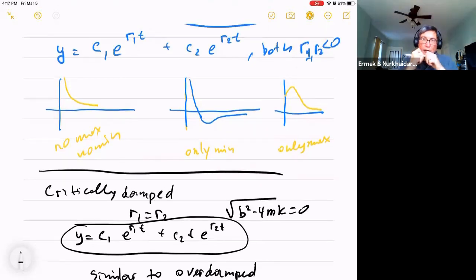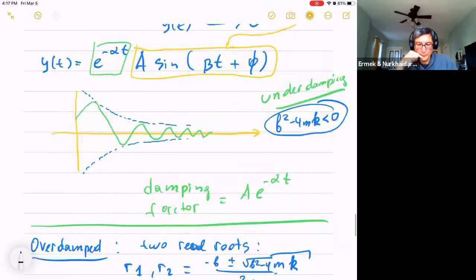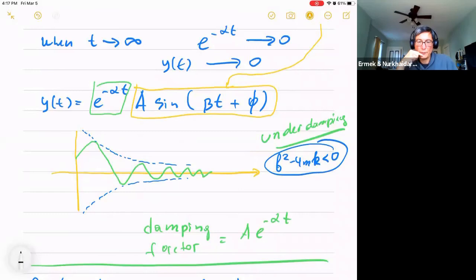So if you consider what we got as solutions, it's a bit weird, at least the way I find it. The system will either go up and down, up and down forever, right? That's what we got for the underdamped situation.